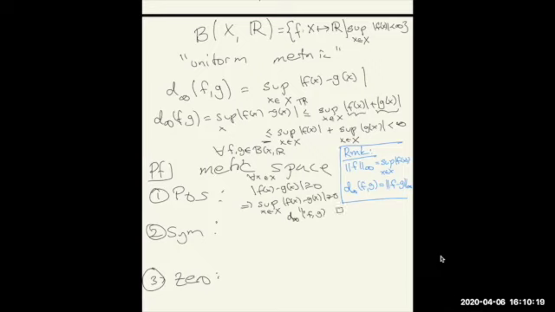If you wanted to expand this out, you would start from the assumption, suppose f and g are functions. Now, symmetry: f of x minus g of x for all x is equal to g of x minus f of x. Therefore, if we take the supremum of both, this function on the left and this function on the right, we get the same thing because these are identically equal.